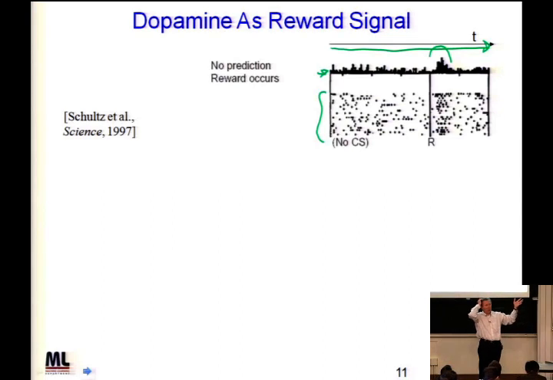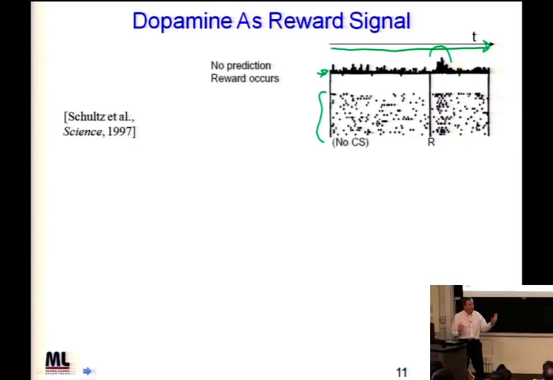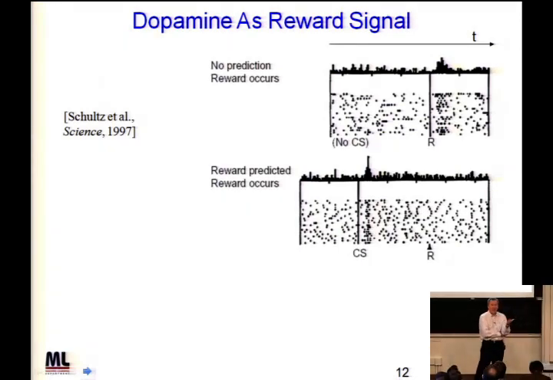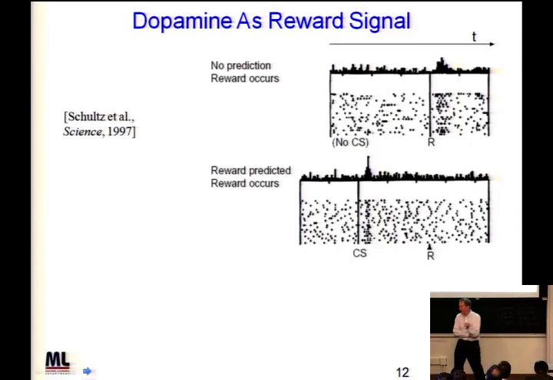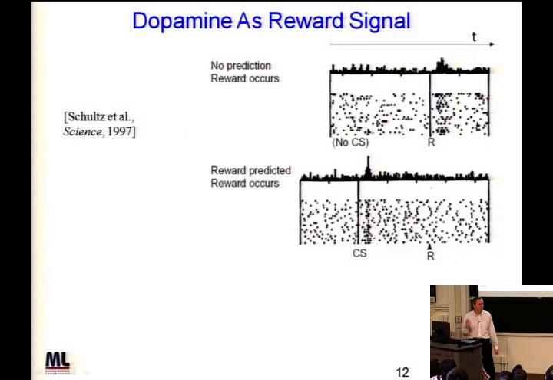Then eventually the monkey will learn to associate the flash of a light with this upcoming reward. And if you do that, sure enough, the monkey, monkeys can't talk that well. So we won't say what the monkey knows, but here's what we observe. So CS is the conditioned stimulus. That's the light flash. And R is the time when the sugar appears.